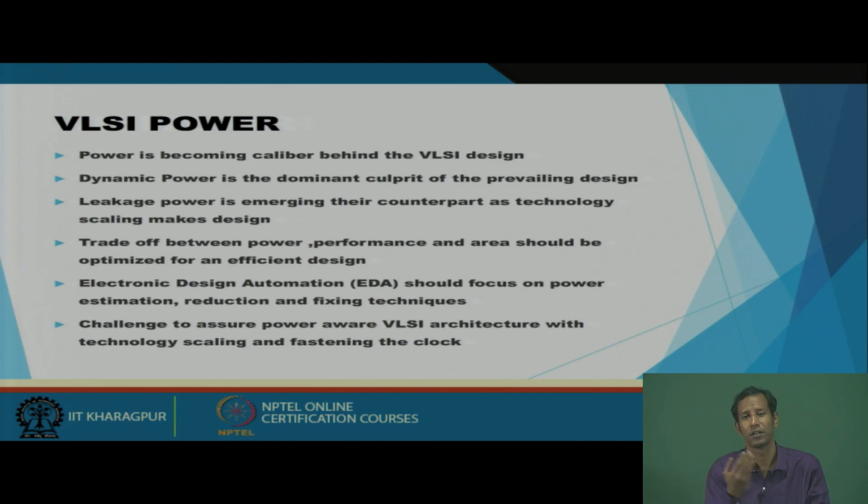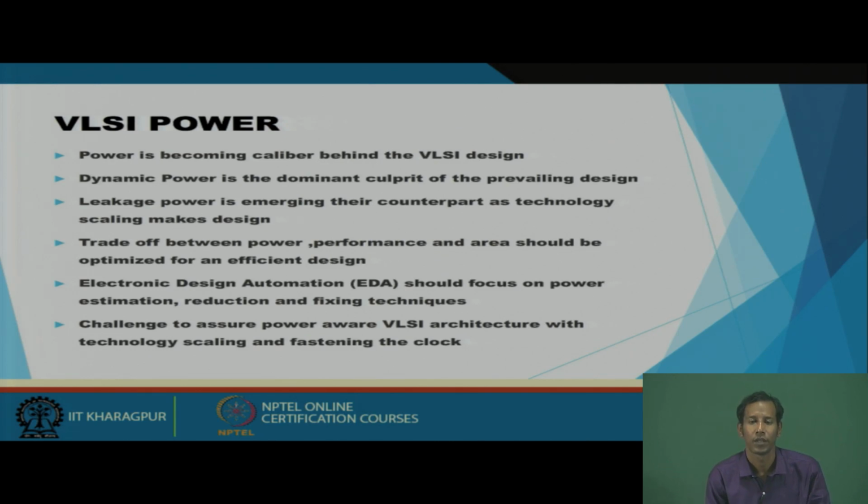If we use 90 nanometer technology and now use 7 nanometer or 3 nanometer technology to implement the same design, I will get an area reduction. 90 divided by 3 means about 30% area reduction by implementing the same design in 3 nanometer technology.